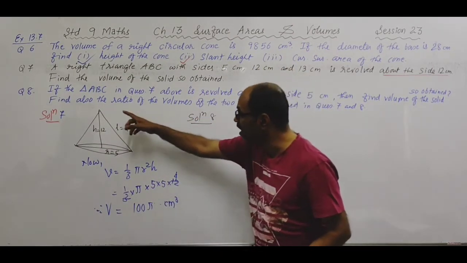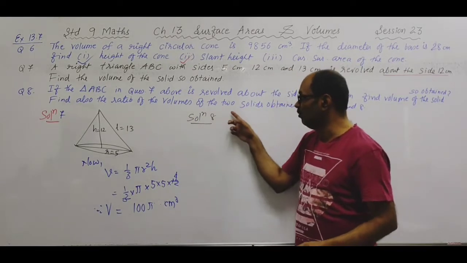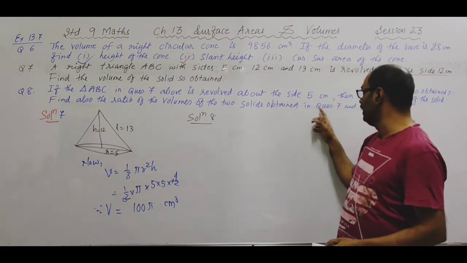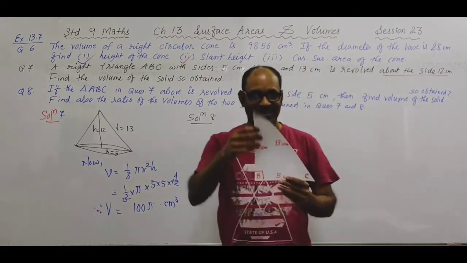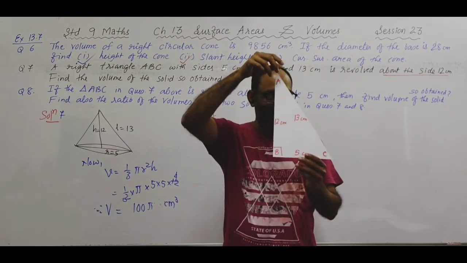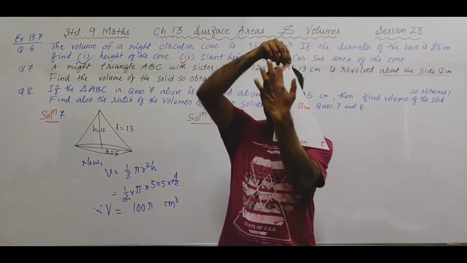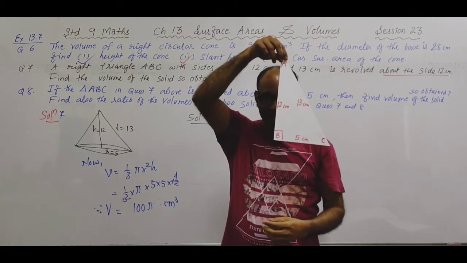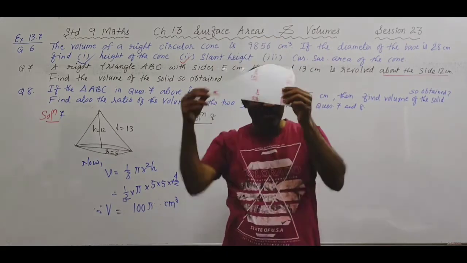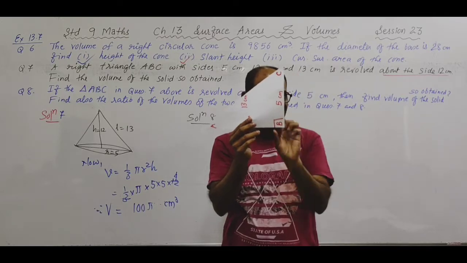Also find the ratio of volumes of the two solids obtained in question 7 and 8. In question 7, this right triangle was revolved about the 12 centimeter side, but now it is going to be revolved about 5.